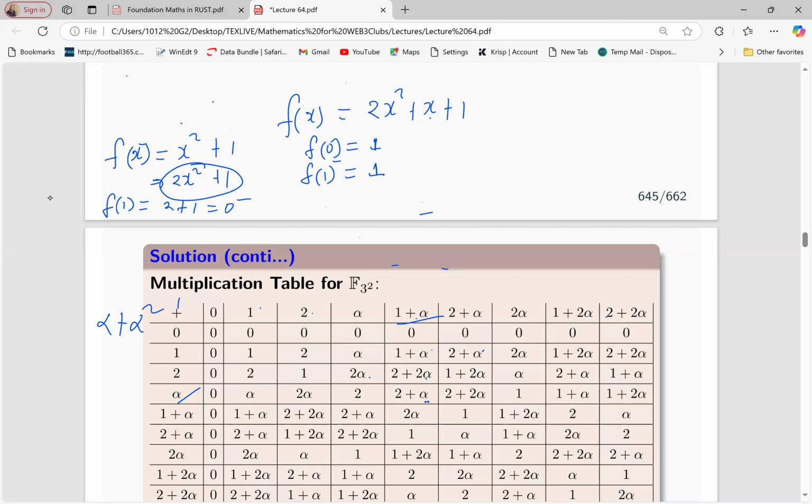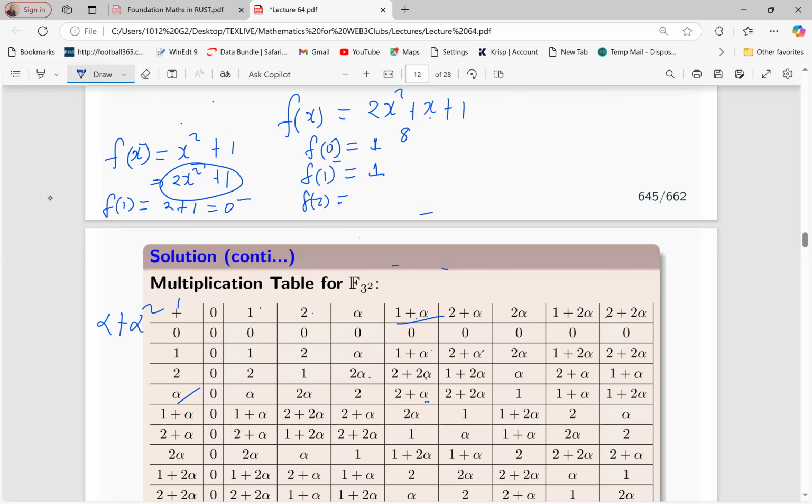And then when x is 2, this would be 8 plus 2 plus 1, which is 11, which is 2 mod 3. So this polynomial here is irreducible.